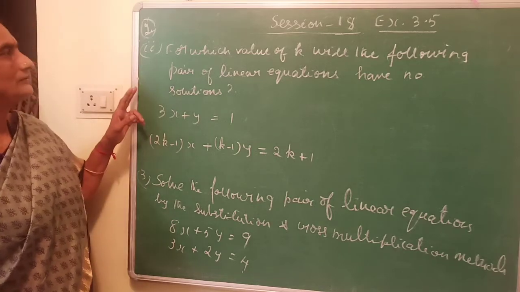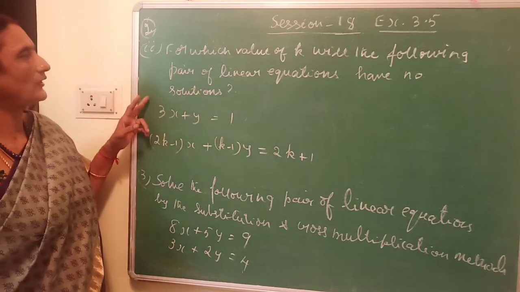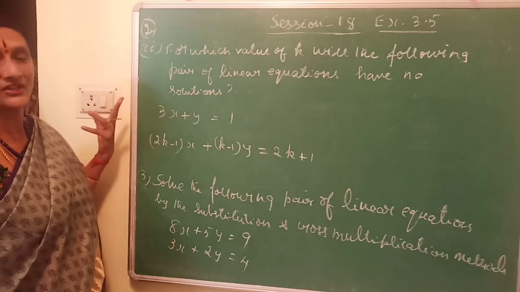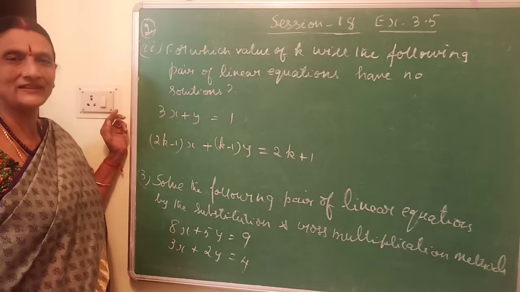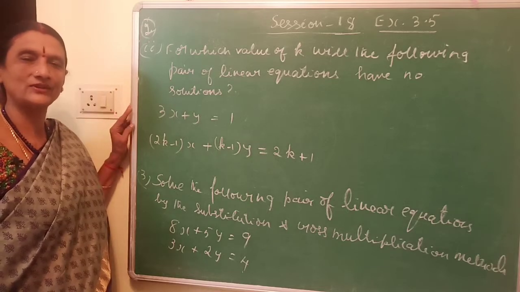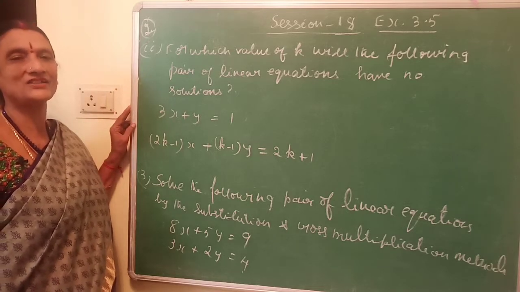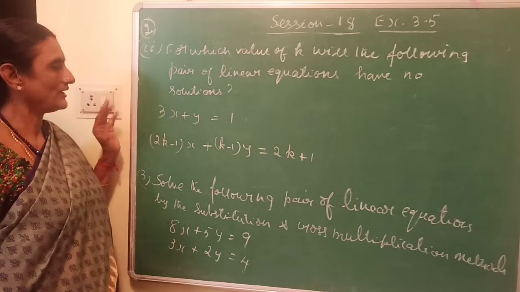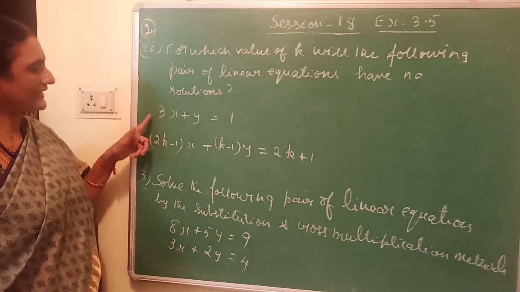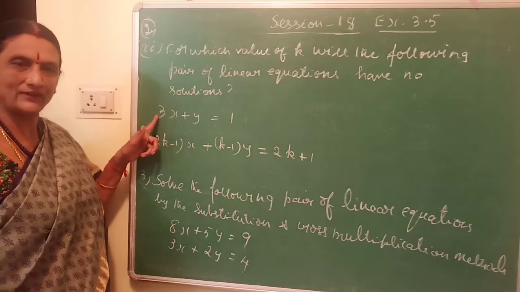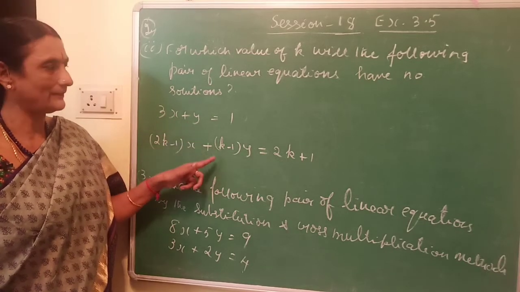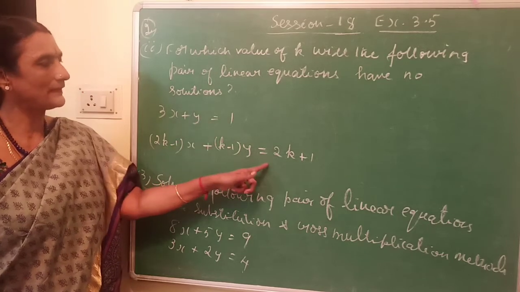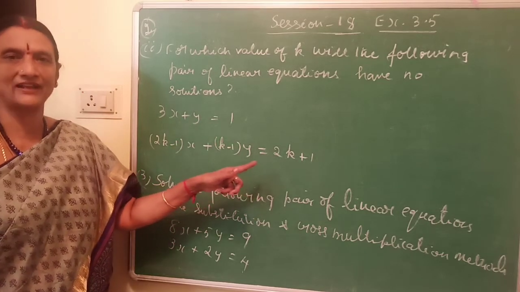Now, for which value of k will the following pair of linear equations have no solution? No solution means a1 by a2 is equal to b1 by b2 and it is not equal to c1 by c2. So from these two equations, 3 and 2k minus 1 are your a1 and a2, 1 and k minus 1 are your b1 and b2, and minus 1 and minus 2k plus 1 are c1 and c2.